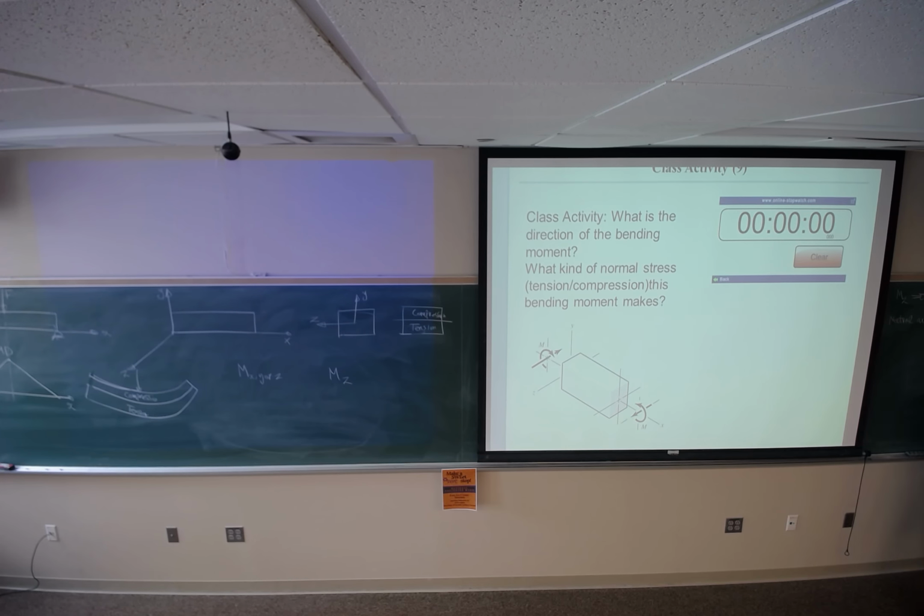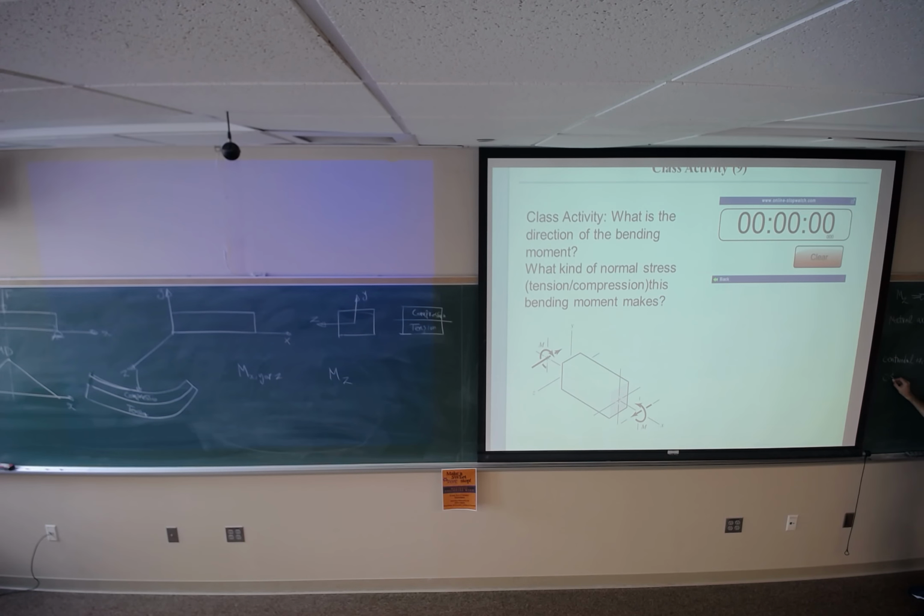So when the cross section is under bending moment, we are going to have the neutral axis on the cross section. If this is the Z axis and this is the Y axis, the question is, where is the location of the neutral axis? You should look at the cross section and find the centroidal axis.